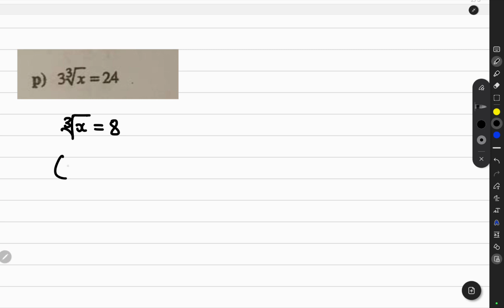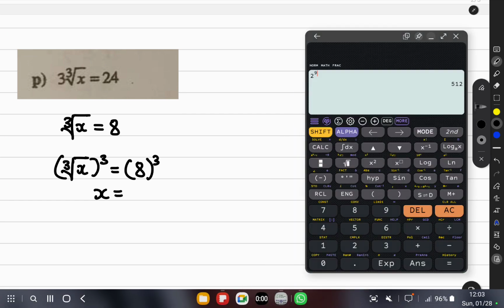I can do it like this: cube root x, cube both sides like this. Then x will be, let's see, 64? It won't be 64, but 128 if I'm not mistaken. Let's check though.